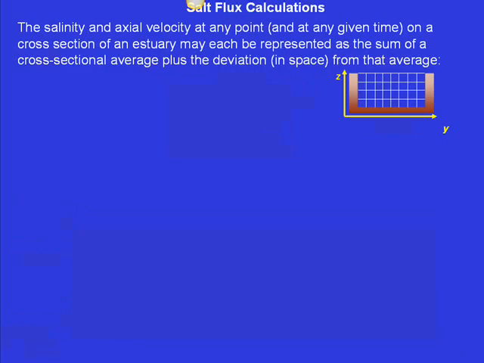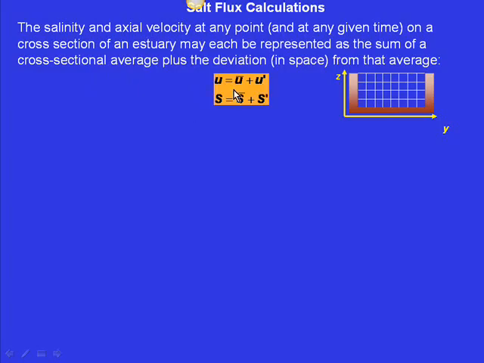So let's see first in a little more detail how we can do the salt flux calculation. The salinity and axial velocity at any point and at any given time on a cross-section of an estuary may be represented as the sum of a cross-sectional average plus the deviation from that average. So the axial flow could be given by the sectional mean plus the deviations from the sectional mean.